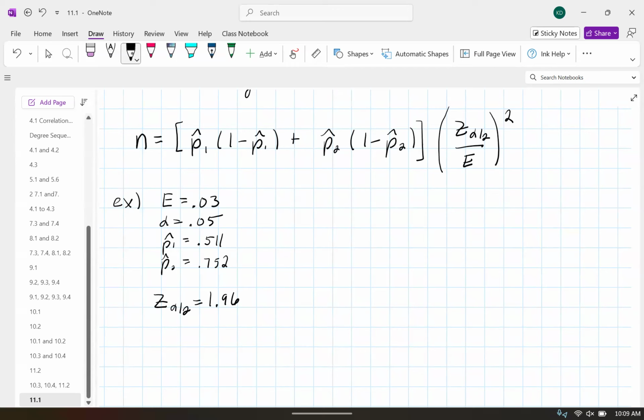Okay, if we want to figure out the number in our sample, we plug it into that formula above and solve.